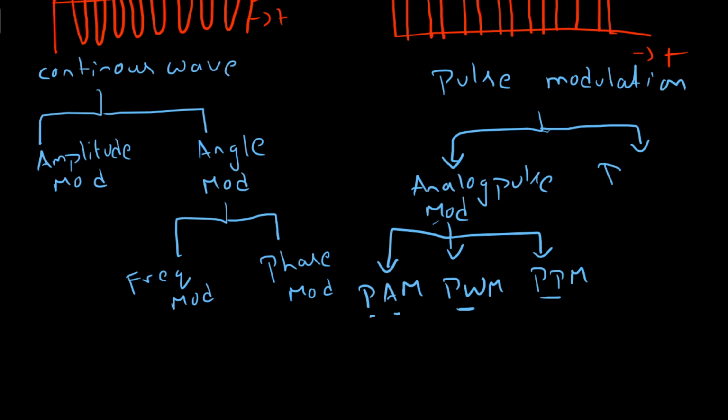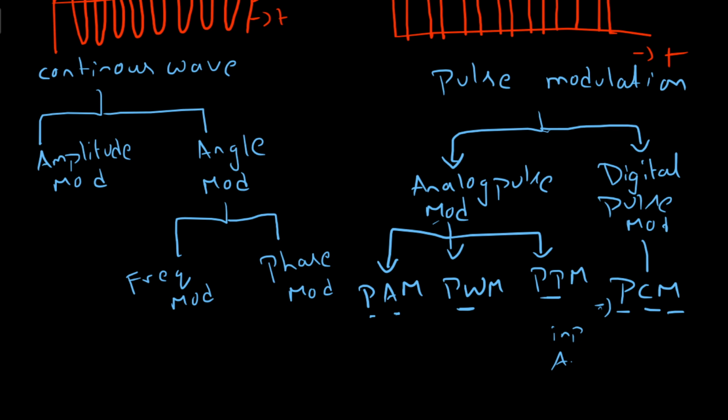And next is digital pulse modulation. In digital pulse modulation, we have PCM, which is pulse code modulation. What happens in pulse code modulation? The input is analog, and the output from this block is digital, which is zeros and ones.